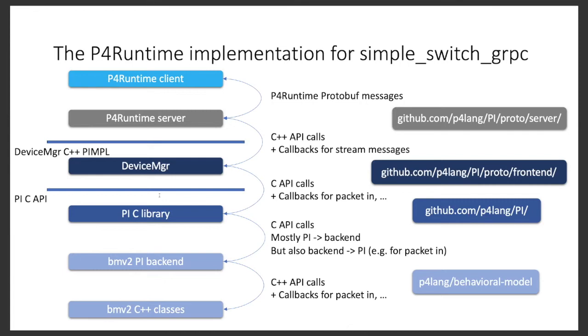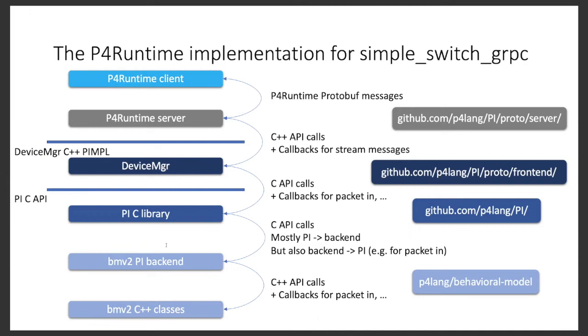So at that point, the representation of everything is going to change. We go from a protobuf message for a table entry to basically a list of structs for the match part of the table entry and the action part of the table entry, and so on. And so the idea was that a vendor would be able to easily introduce support for P4 Runtime in their target by implementing this standard PI C API.